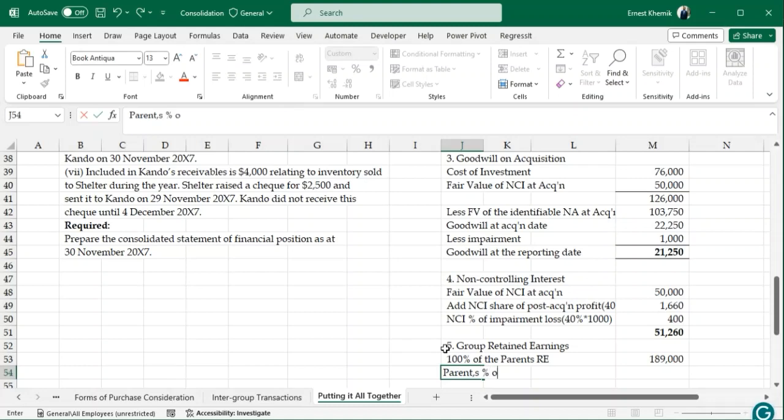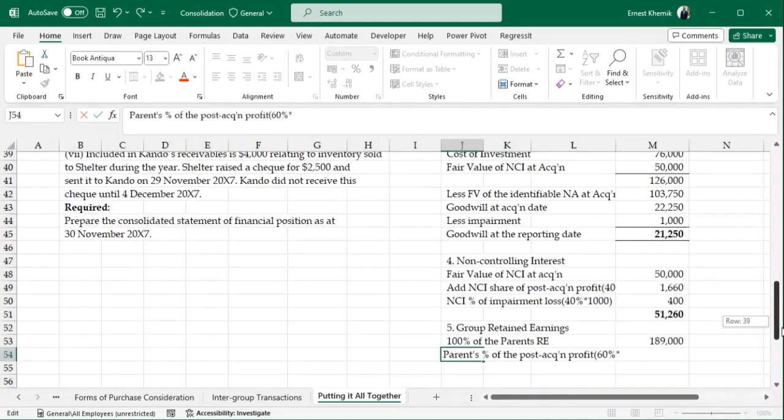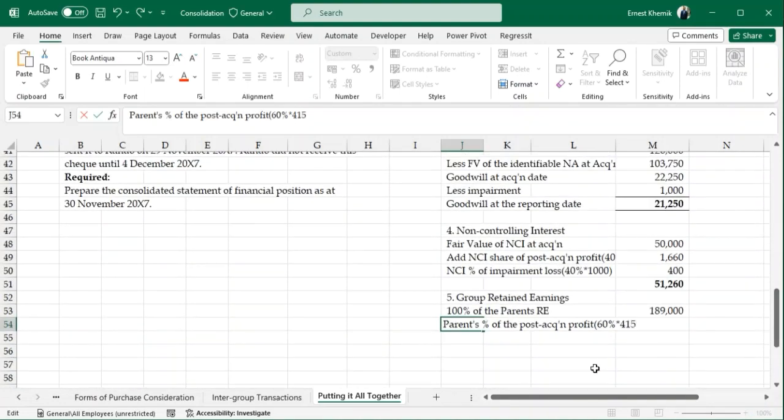and then we will have the parents' percentage of the post acquisition profit, and that is going to be 60% times the amount, which is 4150.